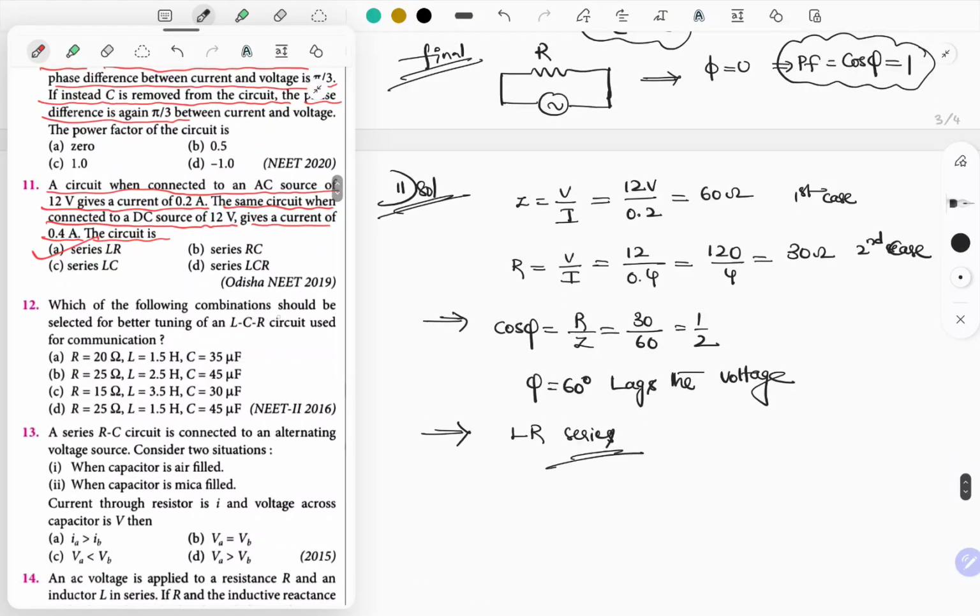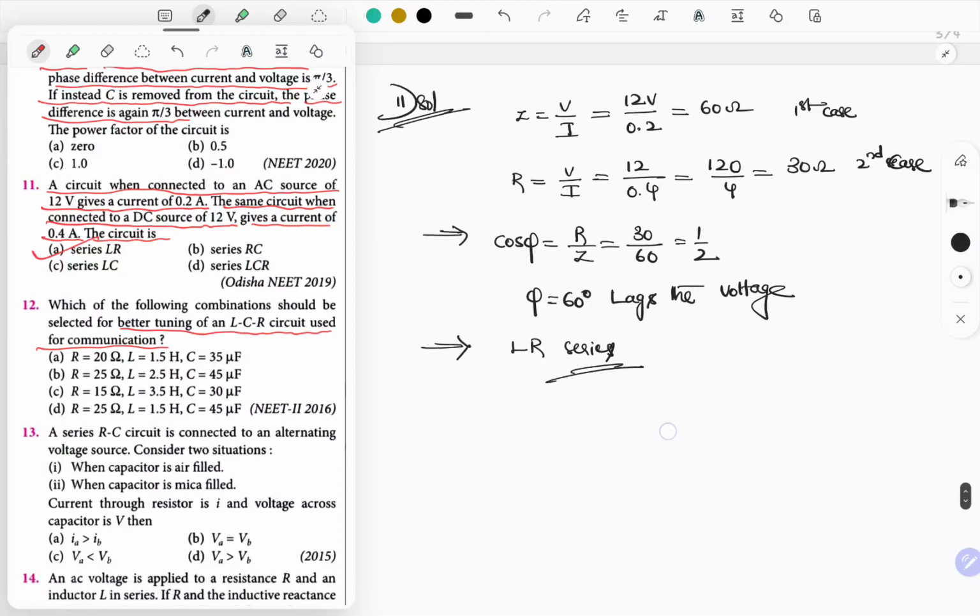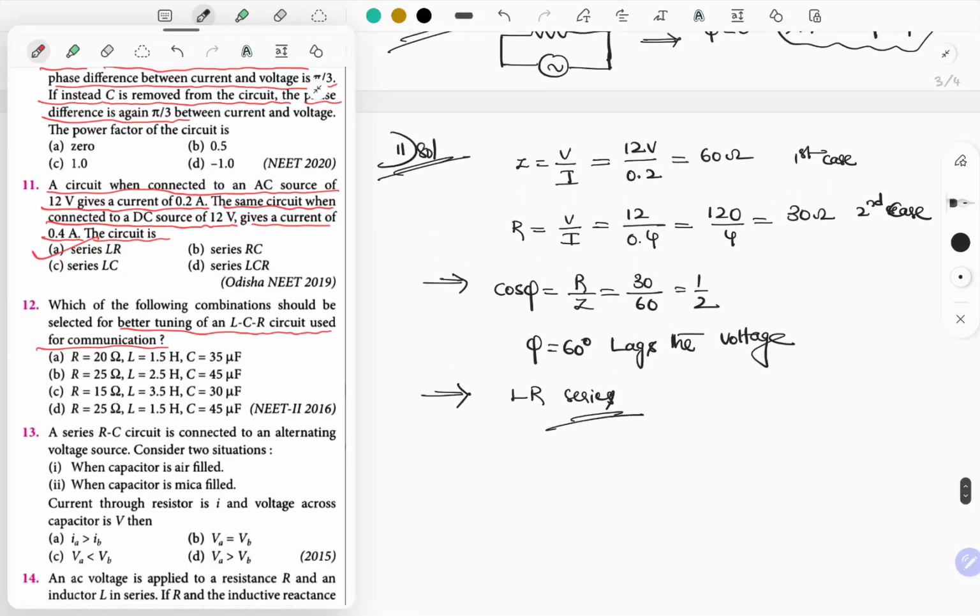Which of the following combinations should be selected for better tuning of an LCR circuit for communication? For better tuning, we have to cross check with the quality factor.